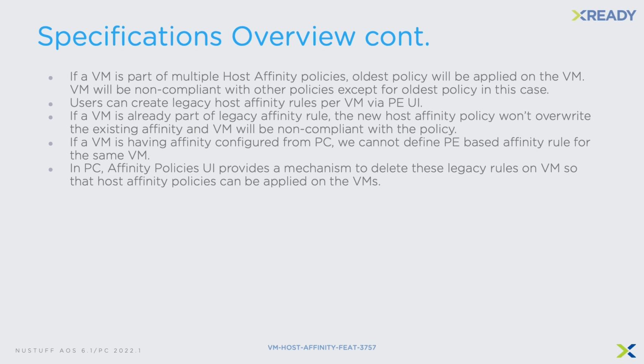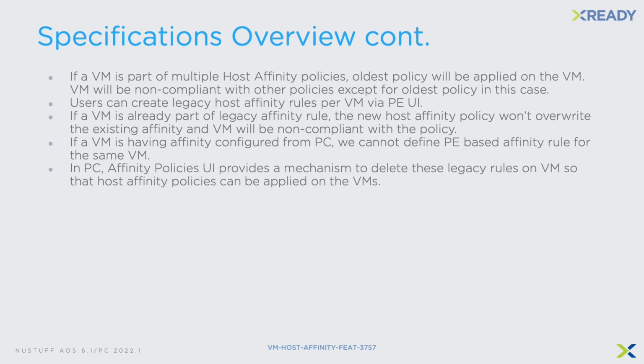Users can still create the legacy host affinity rules in Prism Element. And if a VM is already part of a legacy affinity rule, the new host affinity in Prism Central won't overwrite that. It will just apply it, and then the VM will show as non-compliant with the new policy in PC.